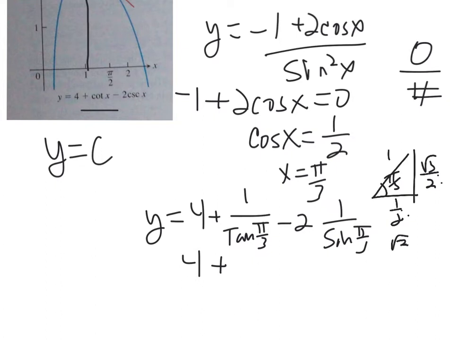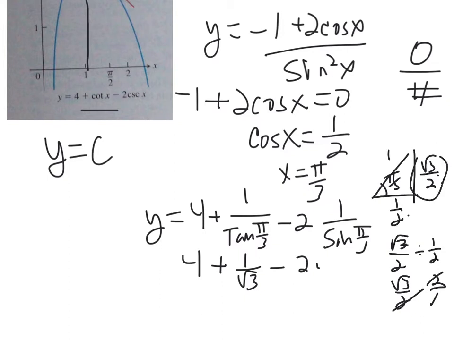So square root of 3 over 2 divided by 1/2 is the same thing as root 3 over 2 times 2 over 1. The 2's cancel out. That's root 3. And this is going to be 1 over the square root of 3 minus 2 times, now the sine of pi over 3 is the same as this over 1. So 1 over that becomes 2 over the square root of 3.